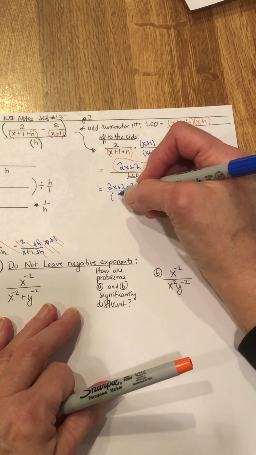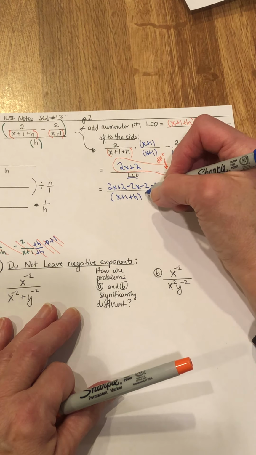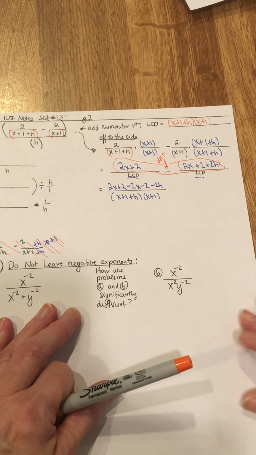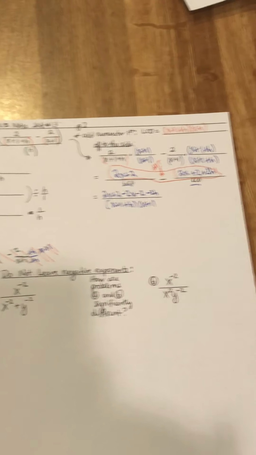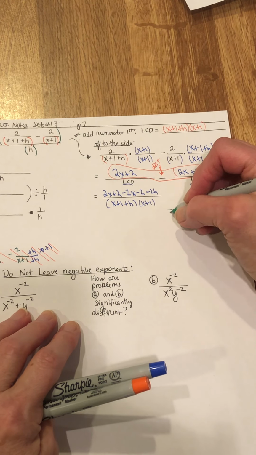Now I'm going to put the LCD back in. X plus 1 plus h times x plus 1. And because of the nature of this problem, if you've done this correctly, a lot of terms in the numerator will cancel.